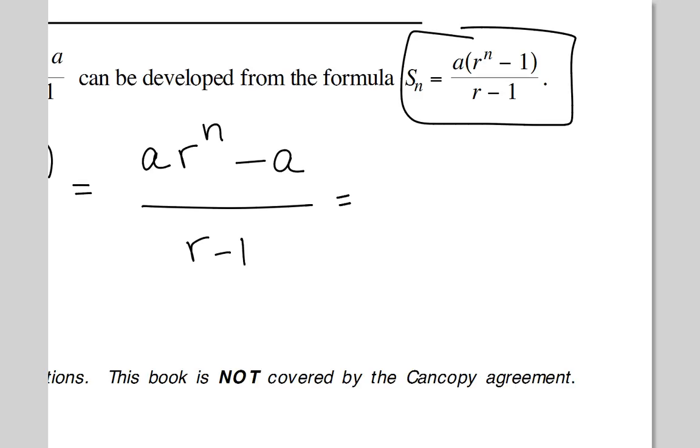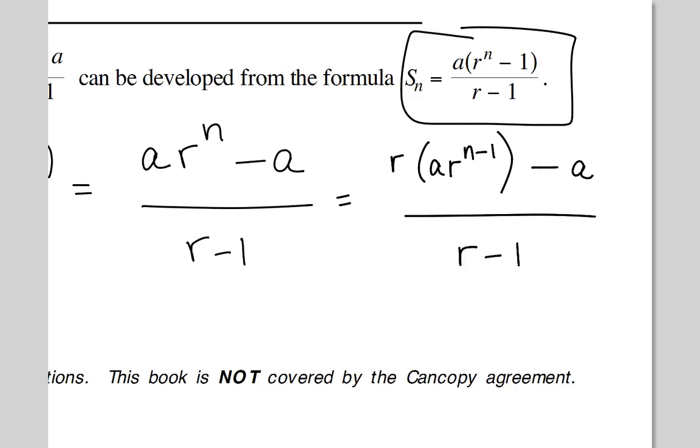So this term AR^n is the same as your R value multiplied by the previous term. And you're still going to subtract A, all over R minus 1. So the only thing that changed was this. It became this. And that's a pretty clever algebraic move. And why would I even want to do that?